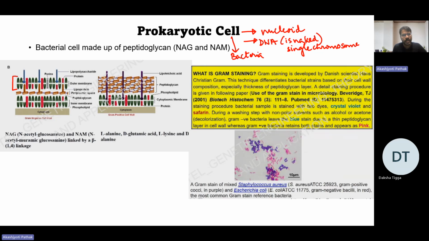In a gram-positive bacteria, it is much thicker compared to a gram-negative bacteria. Okay, and in gram-negative bacteria, you can see that this peptidoglycan layer is thinner, and other than this peptidoglycan layer, a gram-negative bacteria also has an outer membrane.